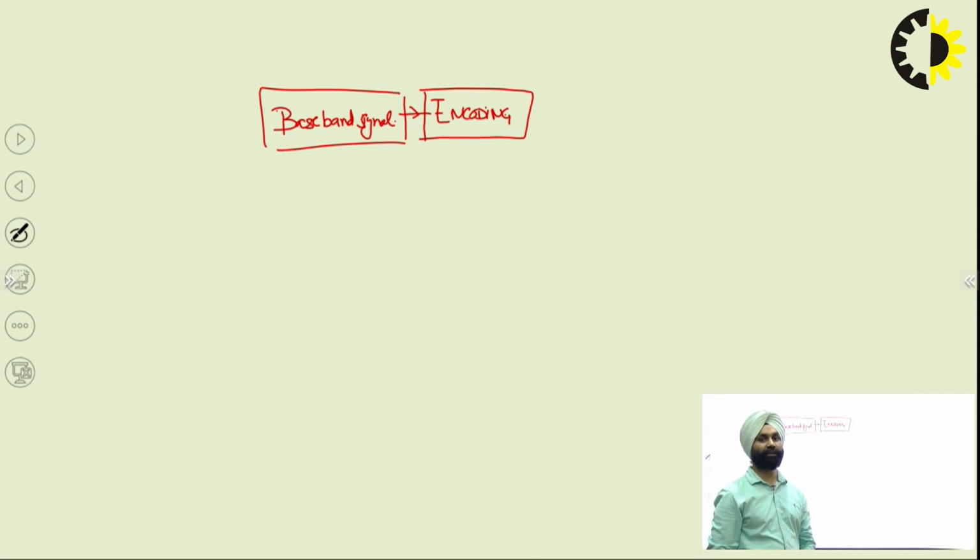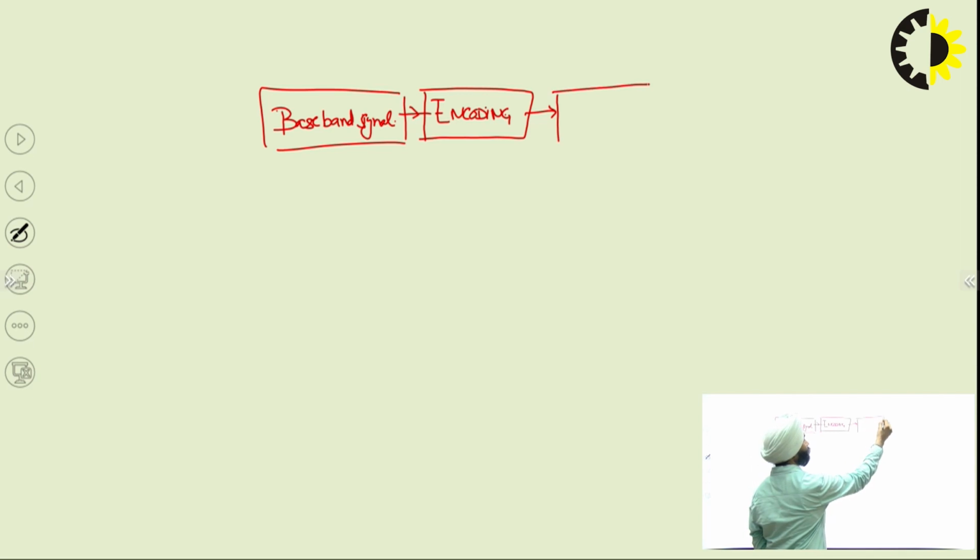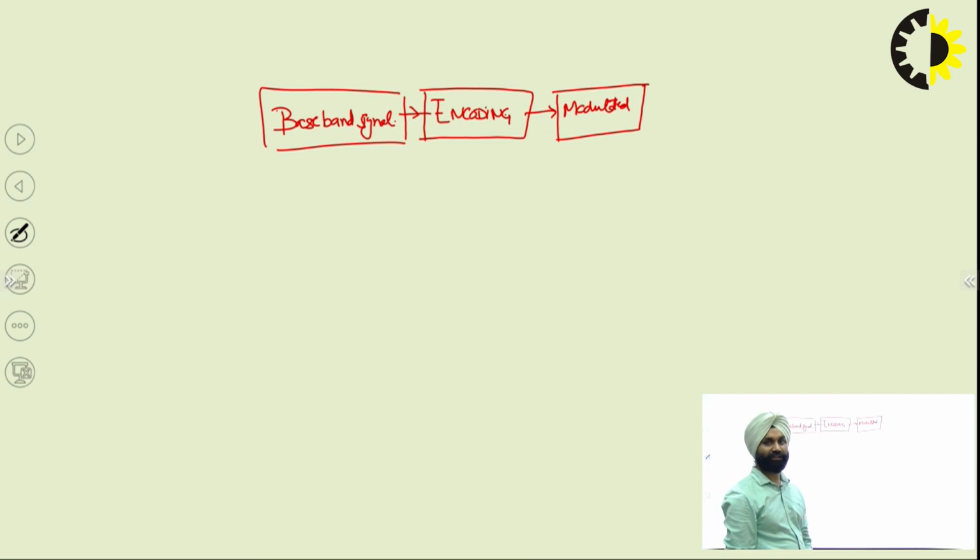The signal can be encoded in the form of line coding as well as in the form of different codes to reduce the bits, and all these things are done over here. After this encoding of the message signal, the signal is modulated. This modulation is performed according to the signals.